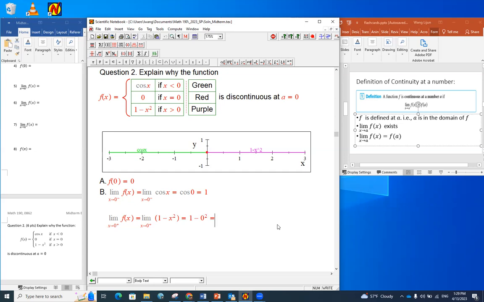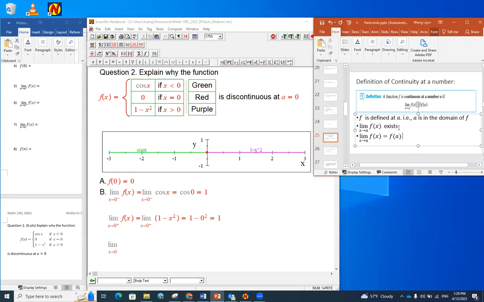The limit exists, because the limit from left and limit from the right are the same. So the limit of the function exists. The second condition is also satisfied. So when x is approaching 0, we're working on this piece, the limit exists.